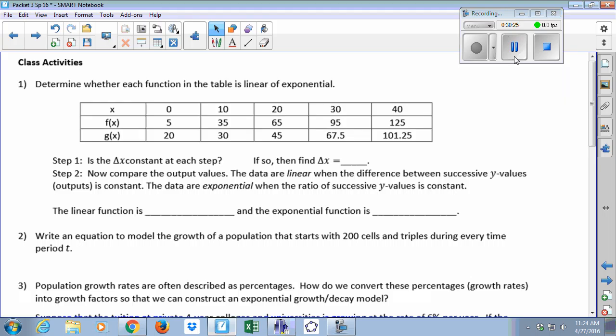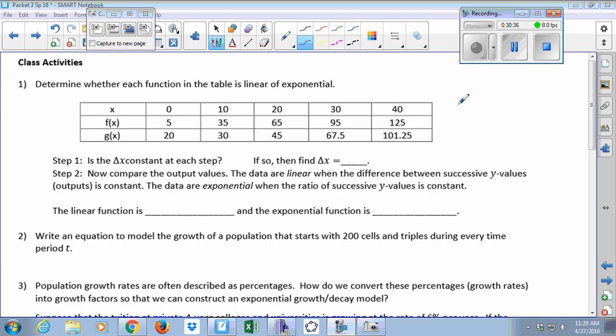And when your table has determined which is the linear function and which is the exponential, just put up your flag, and then we'll find the formula for the exponential function. Okay, so is the change in x constant at each step? If so, what is it? 10.